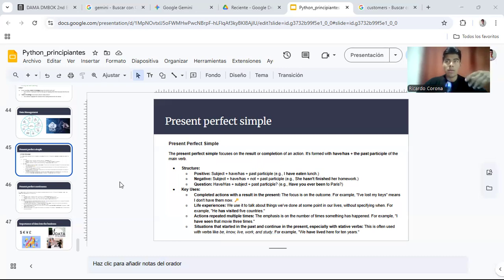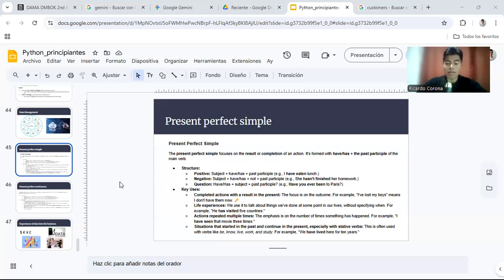The positive structure is subject plus the verb have or has, depending on the subject you are using. For example, if you are using I, you must use have.